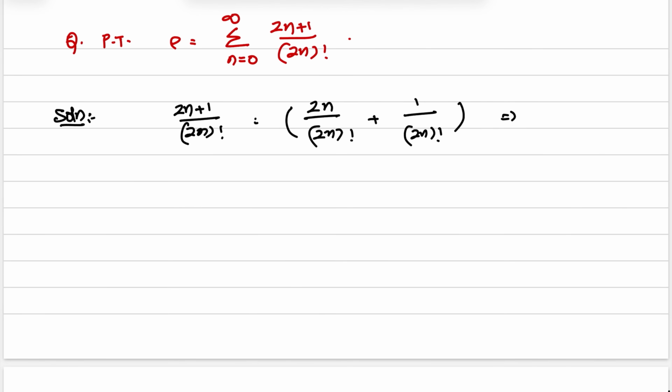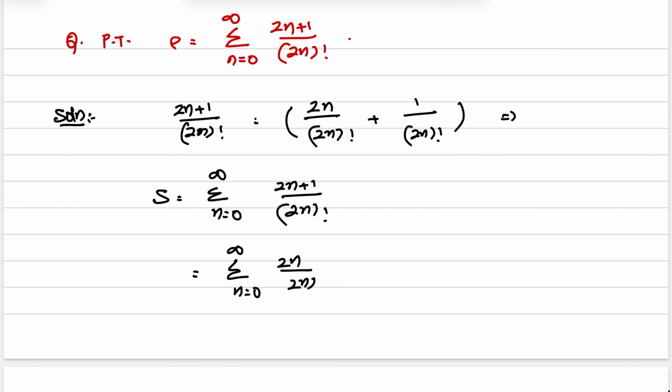That implies, let sum S is equal to sigma n is equal to 0 to infinity (2n plus 1) by factorial 2n. That can be written as sigma n is equal to 0 to infinity of 2n by factorial 2n plus 1 by factorial 2n, sigma n is equal to 0 to infinity.